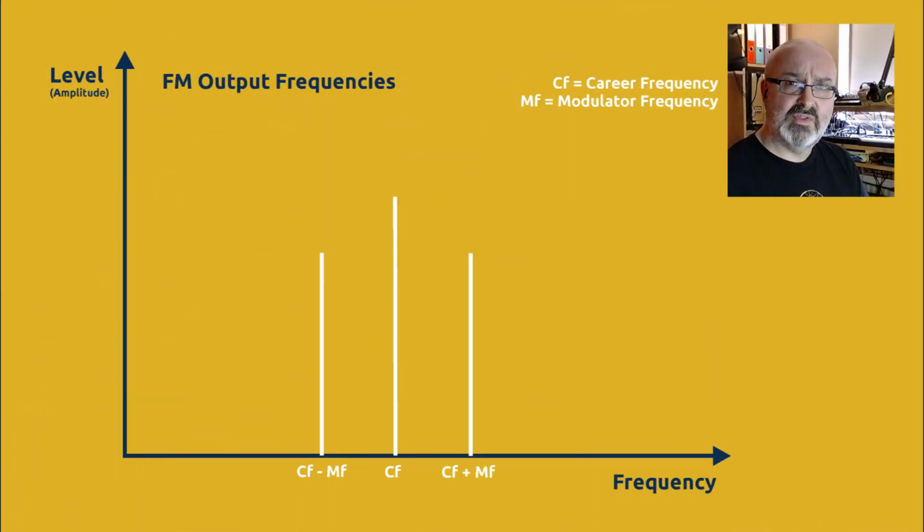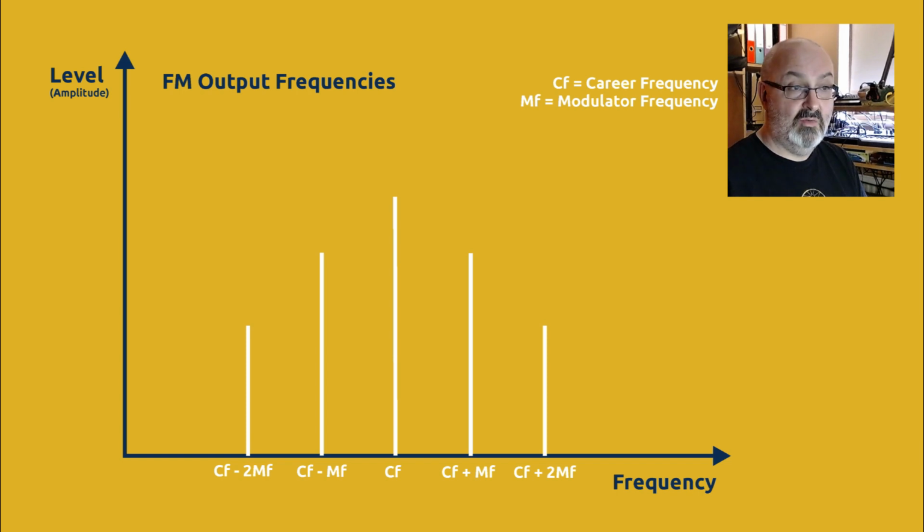So with frequency modulation, the carrier frequency is back, but then we get these sidebands which are similar to ring modulation in the sense that you've got your carrier frequency plus your modulator frequency, and you've also got your carrier frequency minus your modulator frequency. But the series continues at lower amplitudes.